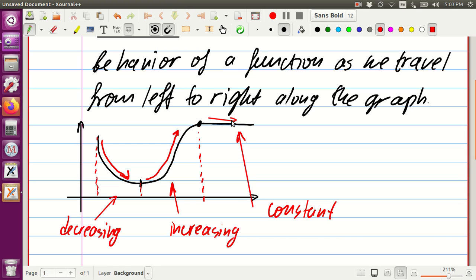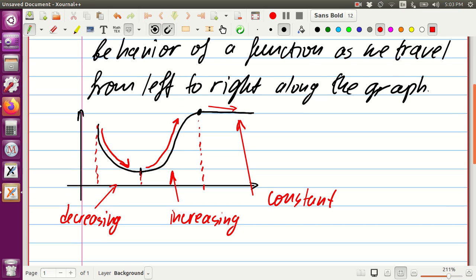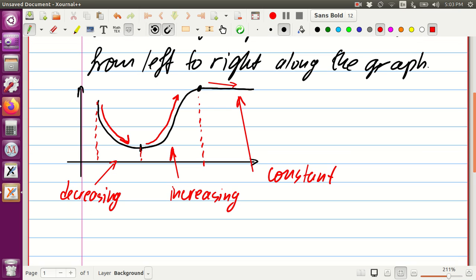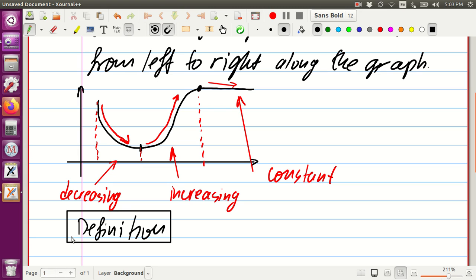So can we do it a little bit more precise, because this was just a lot of hand waving? Definitely we can create a definition of the increasing, decreasing, and constant parts of the graph.